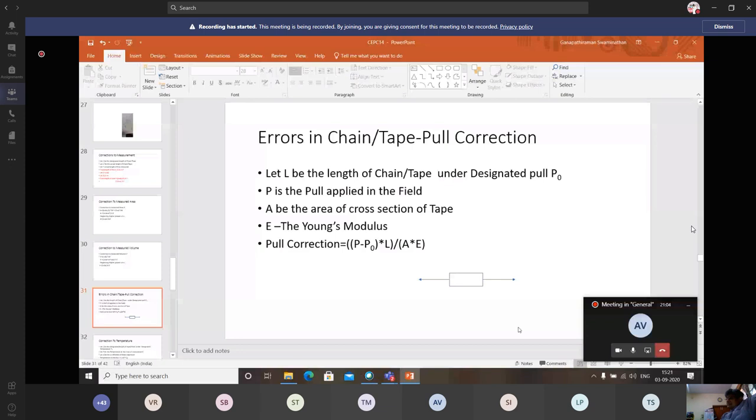It will expand. Try to expand. No, it's not called expansion. It is called elongation. Suppose you are pulling it out, what will happen? It's called elongation, is it not?